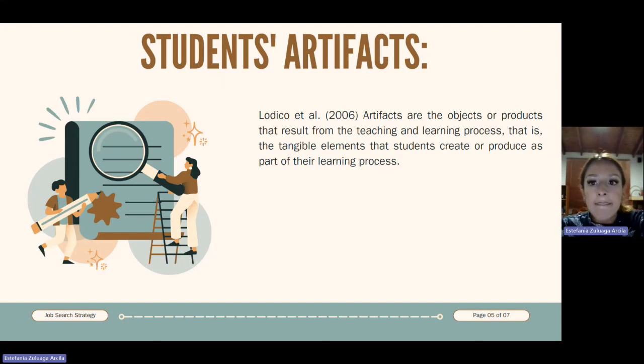For example, a portfolio or all the students' work, as evidence of the skills, the knowledge, and the understanding of the students. And as Nino also said, it allows a critical analysis of the understanding and the effectiveness of the learning.